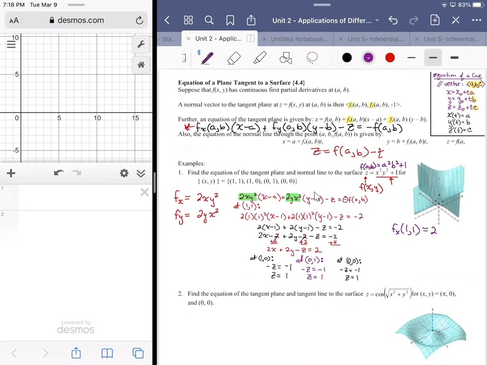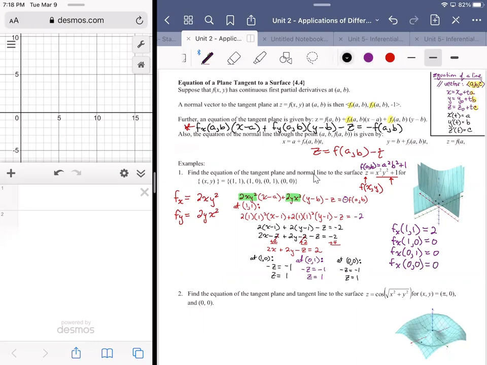It's stuff that we've already figured out, but I'm just going to specify it all here. f sub x at 1, 0 is 0, f sub x at 0, 1 is also 0, f sub x at 0, 0 is also 0.